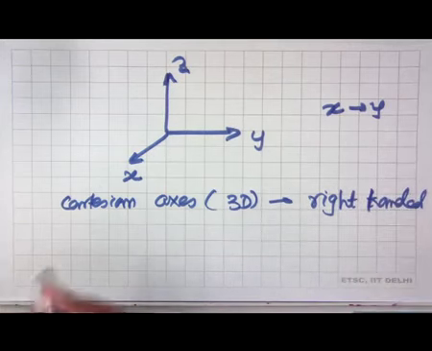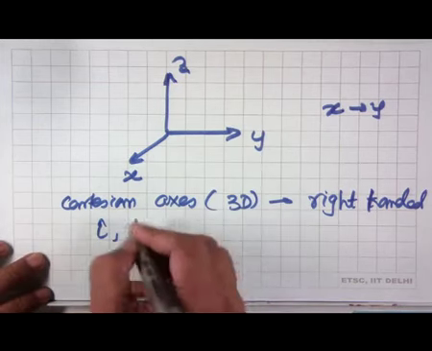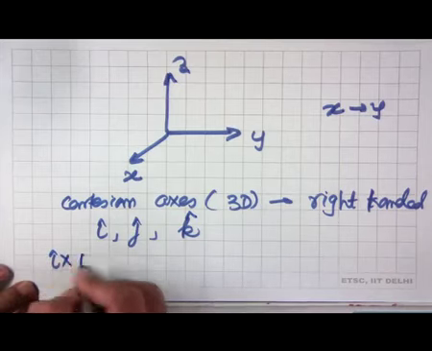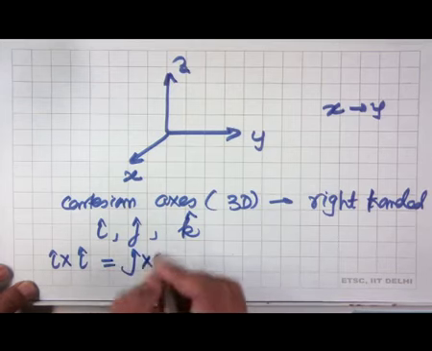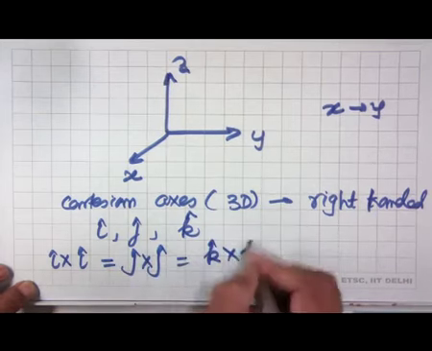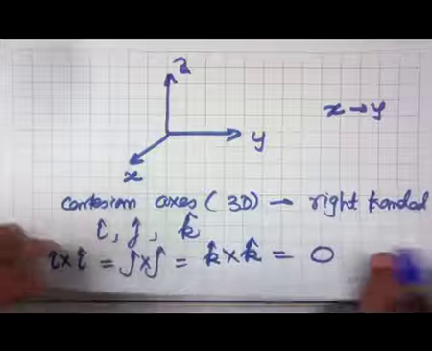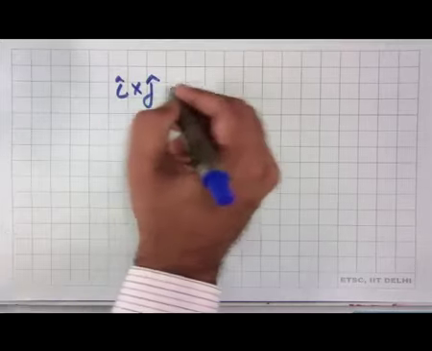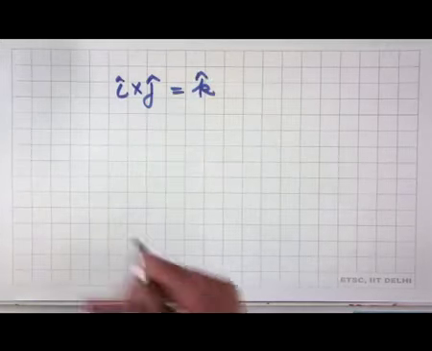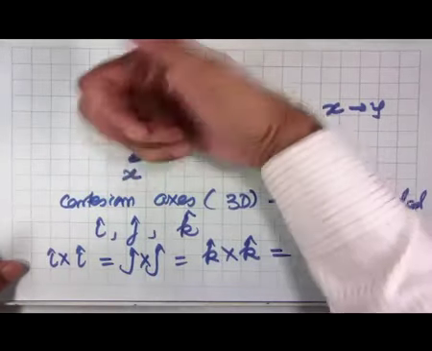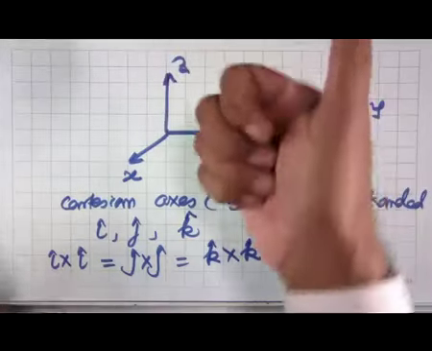And a consequence of this, as you will see, if we now write the unit vectors i, j, k, then clearly i cross i, j cross j and k cross k will all be 0. But if we look at the products between the different directions, i cross j will be equal to k. If I go from x to y, I point in the direction of z.